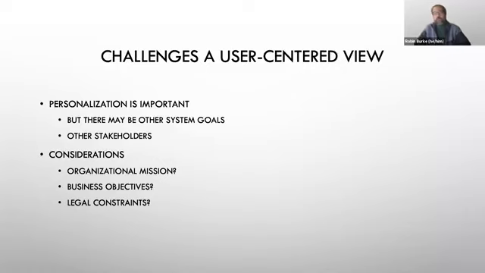So this is a challenging thing to our user-centered view of personalized systems, and makes us think about the other potential stakeholders in the system and how an organization might incorporate different fairness objectives that come from different sources, stakeholders that may come from a variety of places, either from organizational mission or business objectives, or even legal constraints, as we saw in the Facebook case.